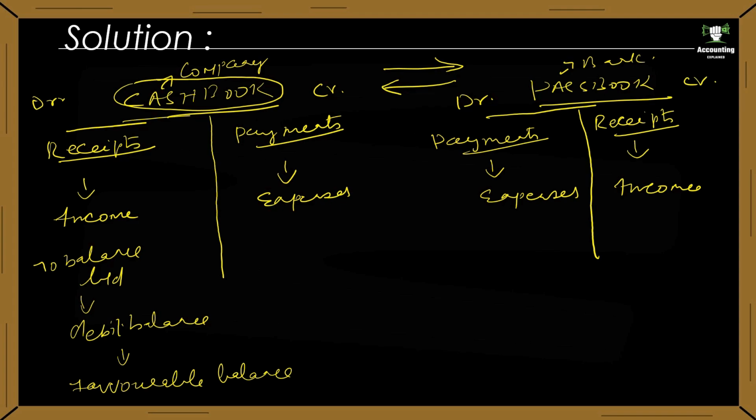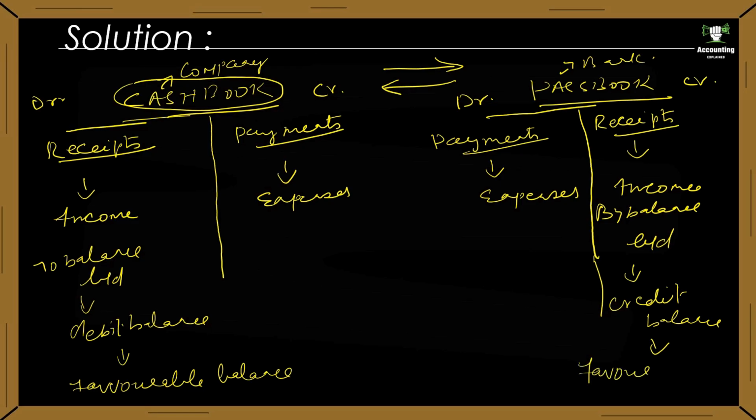So a debit balance, meaning favorable balance, in the cash book will appear on the credit side by balance brought down in the passbook. That credit balance will be the favorable balance in the passbook. If you understand this, you can solve any BRS problem very easily and very quickly.